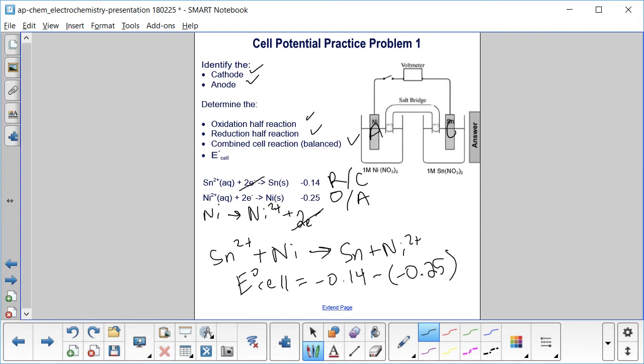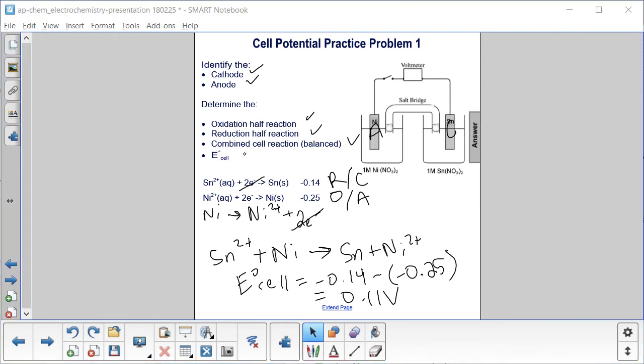And so we get an E cell of, this is 25 minus 14, so 0.11 volts. Okay, so we've answered all of our questions.